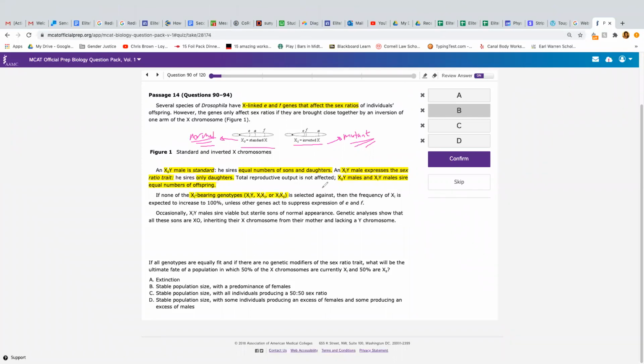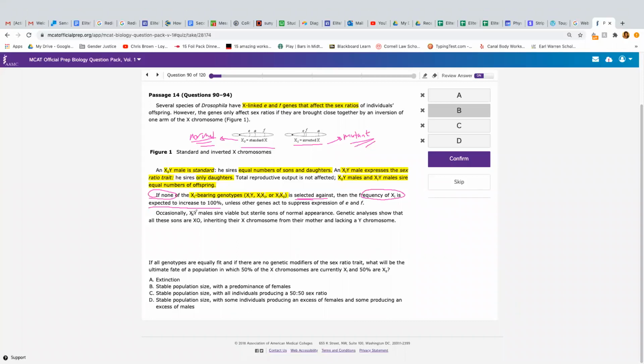And if none of them are selected against, then it says that the frequency of XF is expected to increase to 100%, right? And it tells us unless other genes act to suppress expression of E and F, right? So far, I'm not really sure what that means.